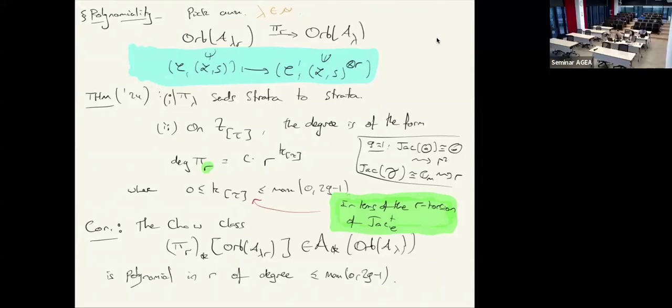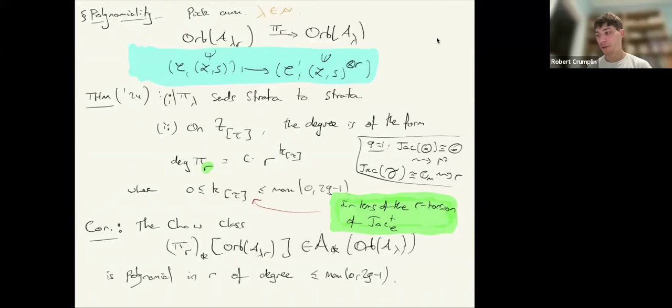Basically, what you need to show is, here's a simple example to convince you it's surjective. Imagine this is my curve inside of a right-hand space. My groups look like mu lambda because I have a parameter lambda here, and maybe my line bundle looks like I can write it as O of 1 over lambda times a point.